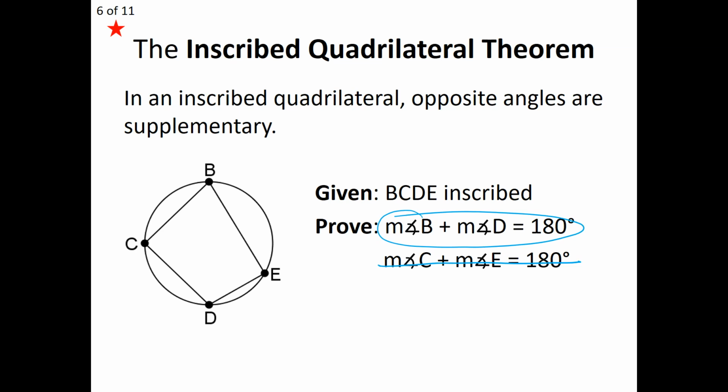Now, some pieces of advice, right? What you're going to need to consider is remembering that the full rotation of the circle is 360. In other words, you know that the measure of the arc CDE plus the measure of the arc CBE, those two arcs there, will sum to 360.